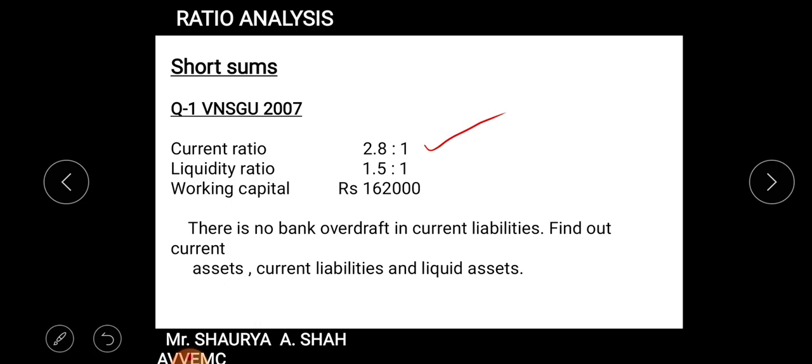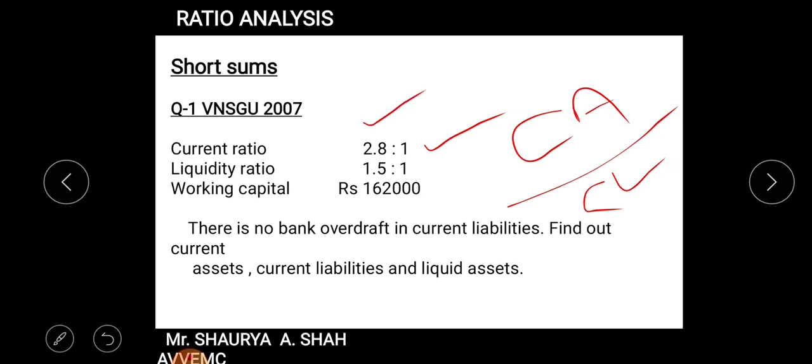What does current ratio suggest? Current assets upon current liabilities, right? So I can say current assets are 2.8 and current liabilities are 1. Is it clear? So this is the very first thing you need to see.